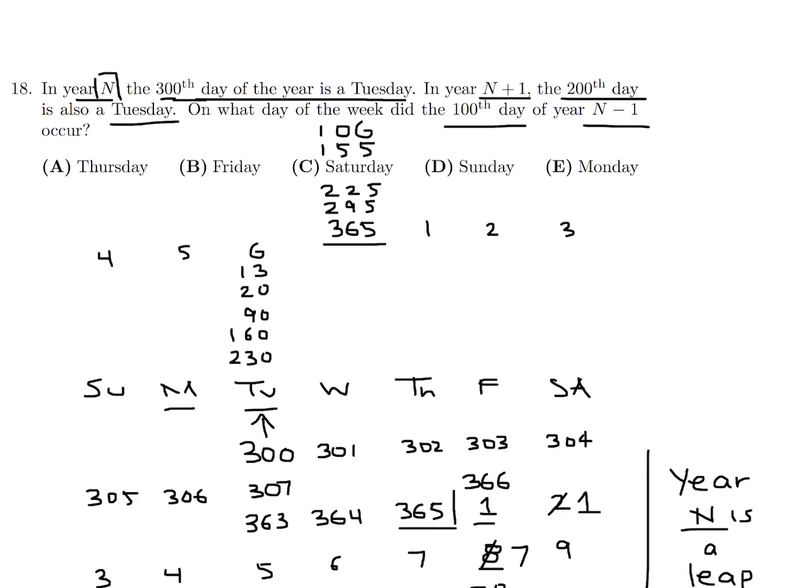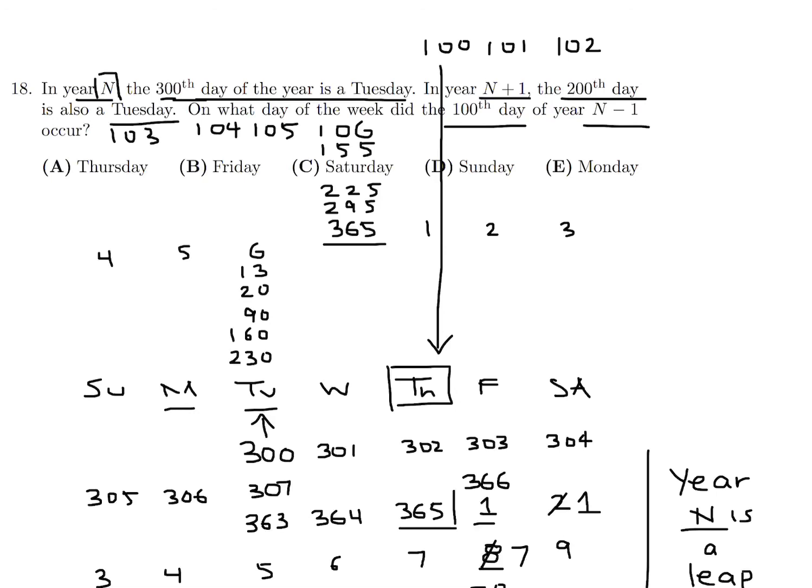All right, so that means 105, 104, 103, 102, 101, and finally 100. And that 100 aligns with a Thursday. So the answer to number 18 is A.